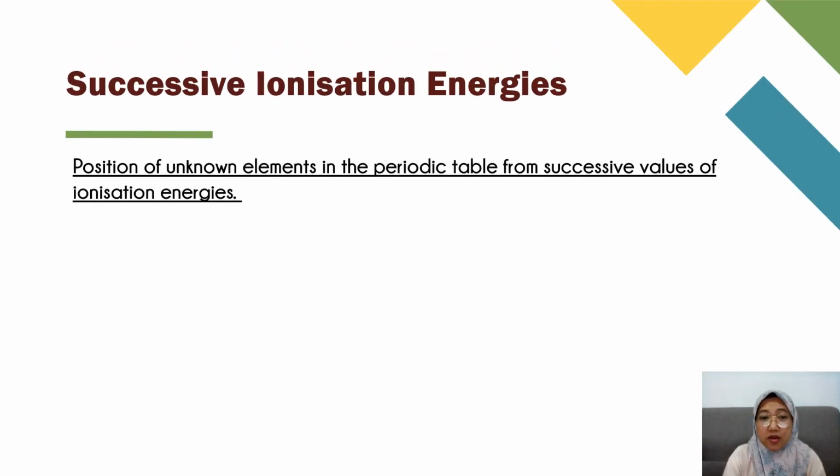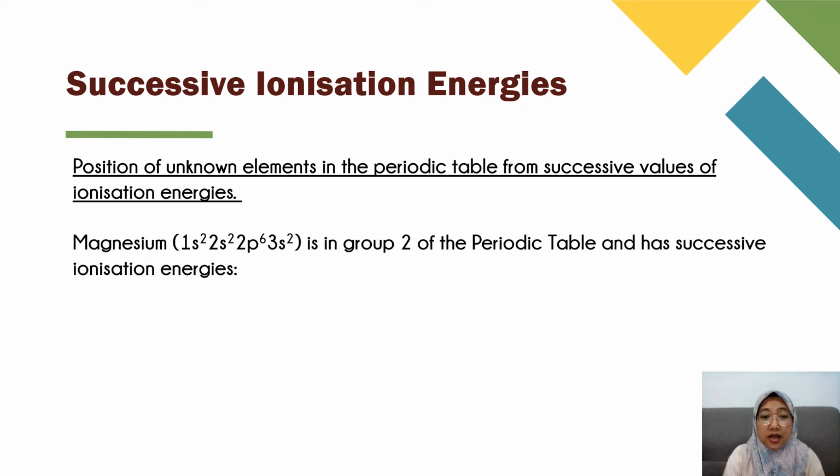So, position of unknown elements in the periodic table from successive values of ionization energies. For example, here magnesium 1s2, 2s2, 2p6, 3s2 in group 2 of the periodic table and has successive ionization energy: first is 736, second 1450, then third, fourth, fifth.